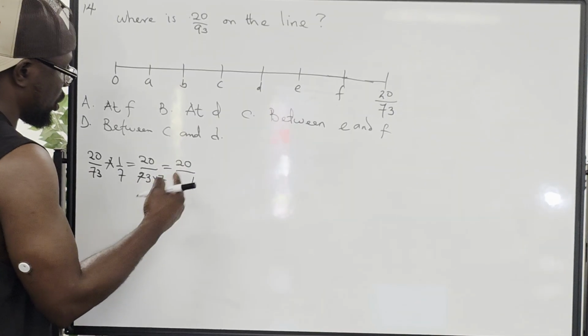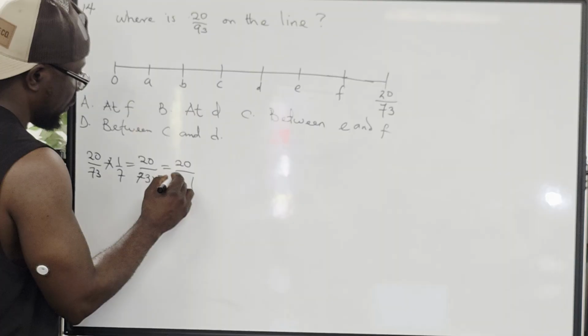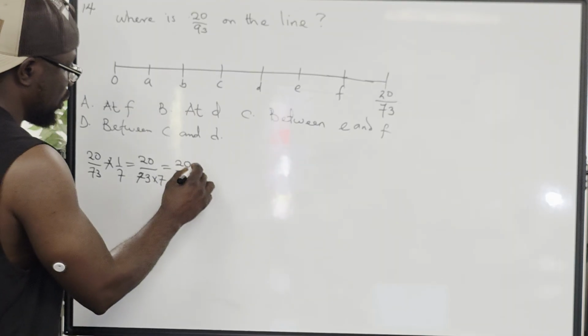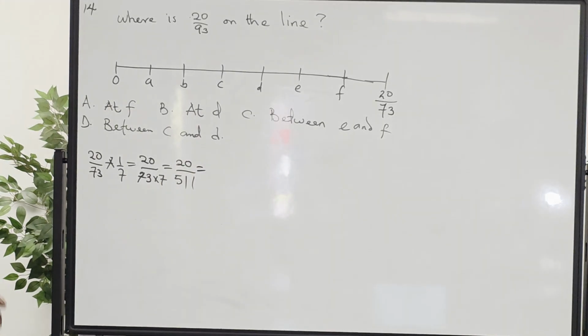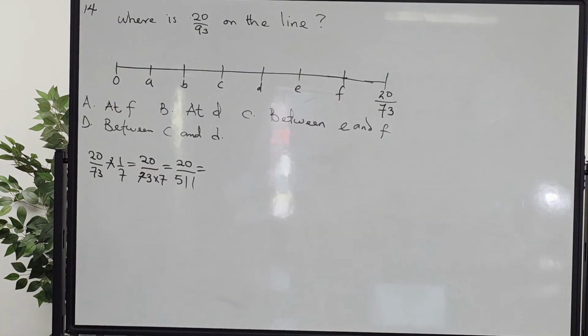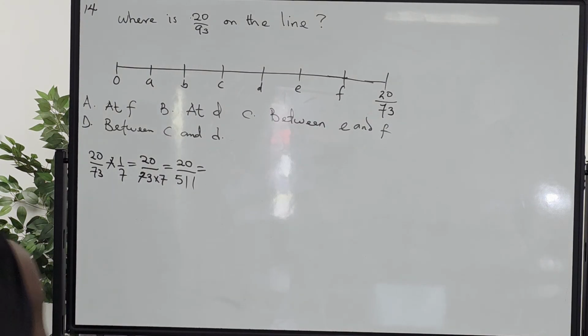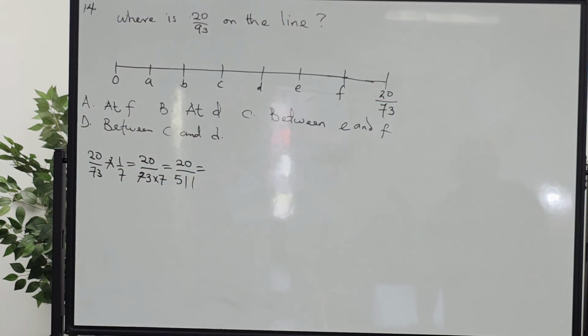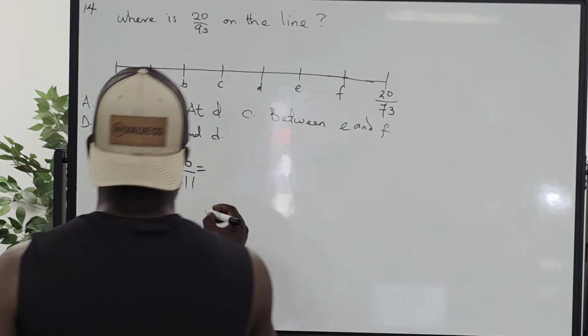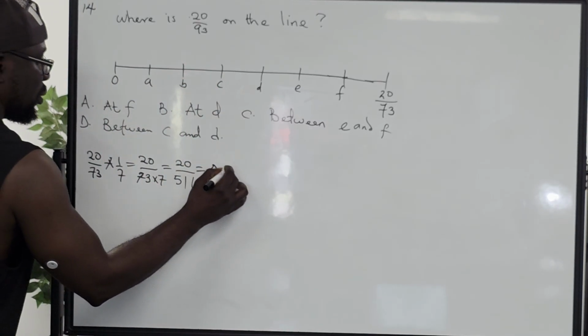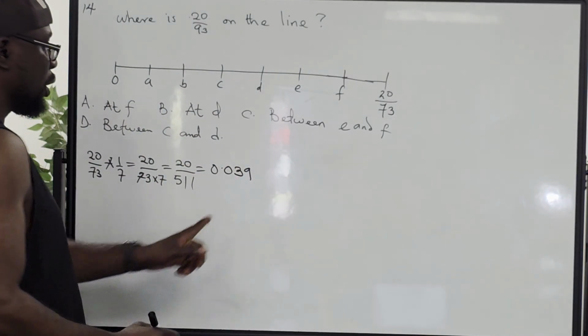You have 2 for the 9 plus 1. That's 511. So if you do the math, 20 divided by 511, you should get 0.039. This is what you're gonna get.